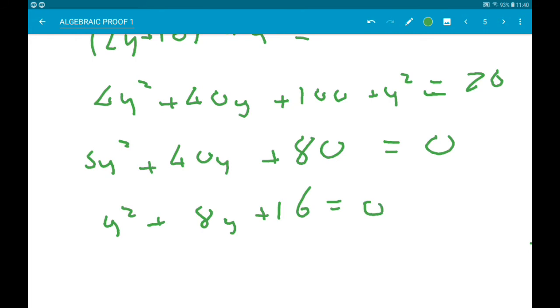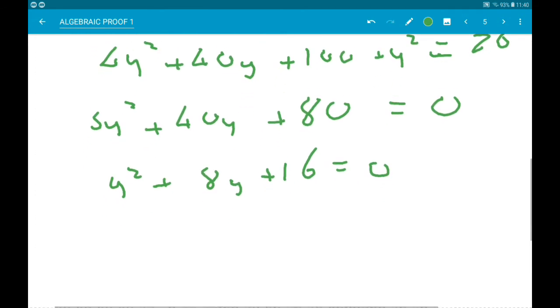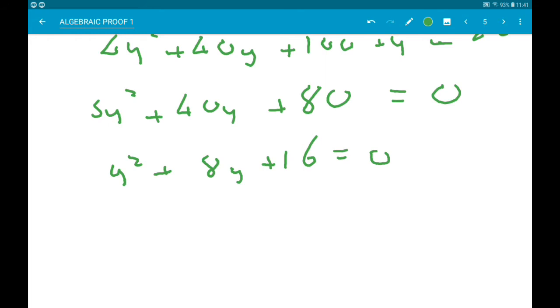Okay, so that looks a lot friendlier. So, we now want to factorise this, which factorises to (y + 4) squared is equal to 0.